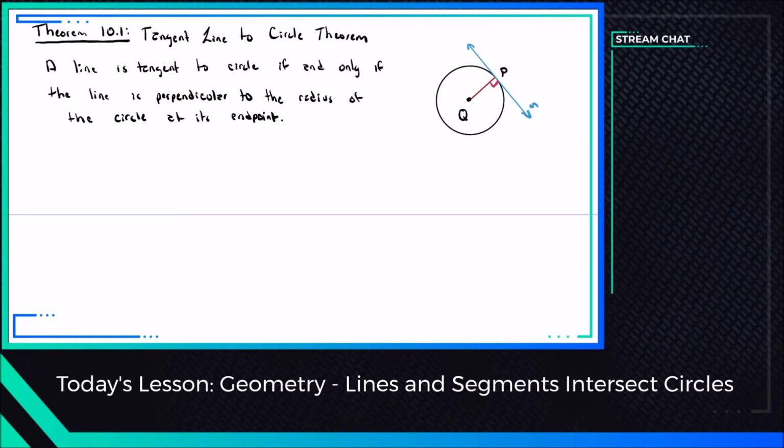And so line M is tangent to circle Q if and only if line M is perpendicular to the segment PQ, also known as the radius.